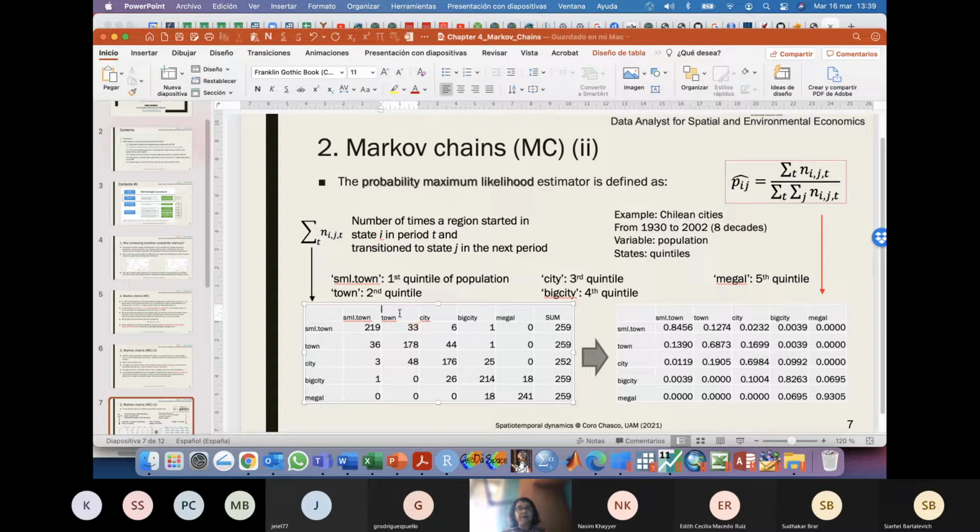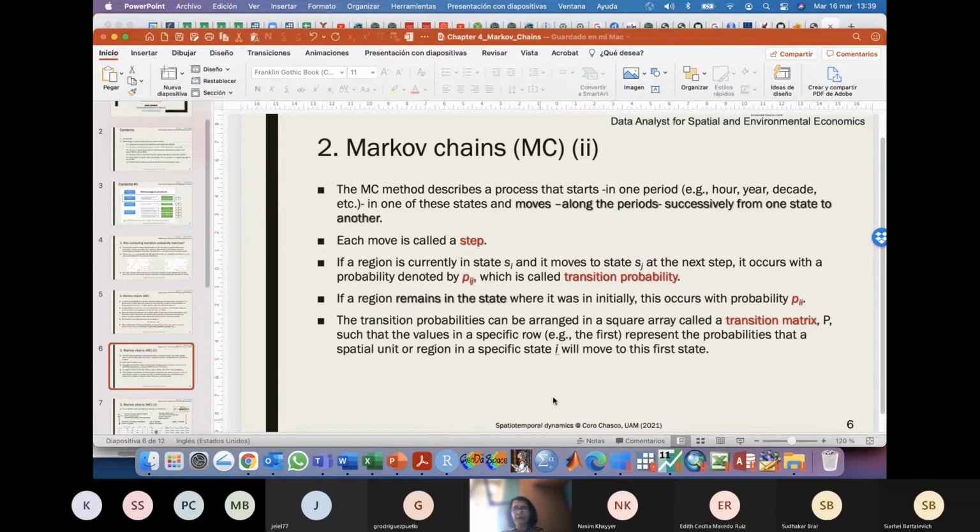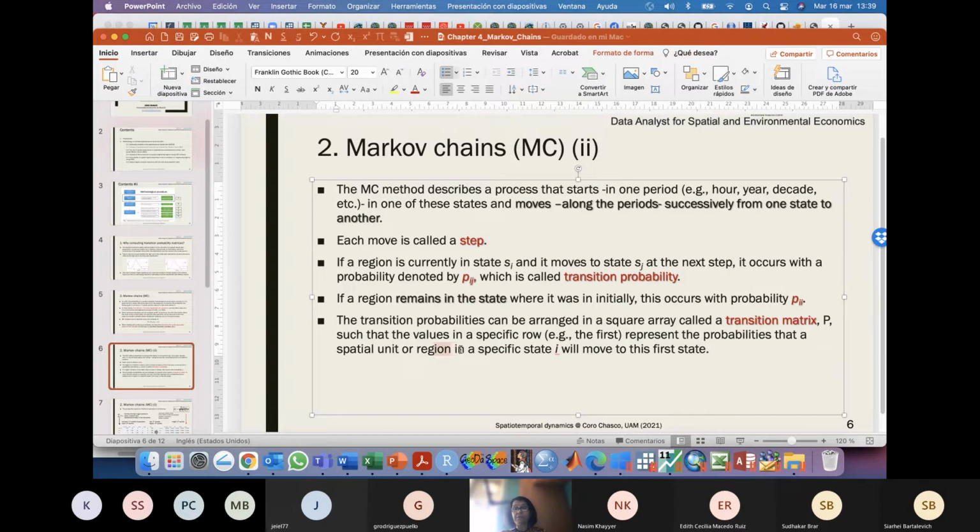So in this case, this 33 means the probability, as we said here, that a spatial unit, a city or region in a specific state, in this case being a town, will move to this first state.